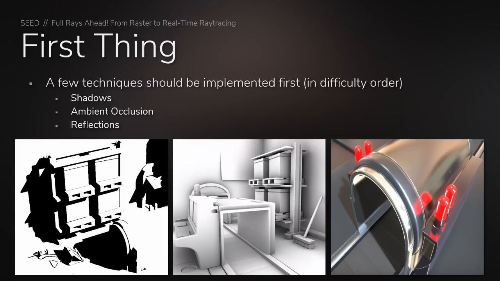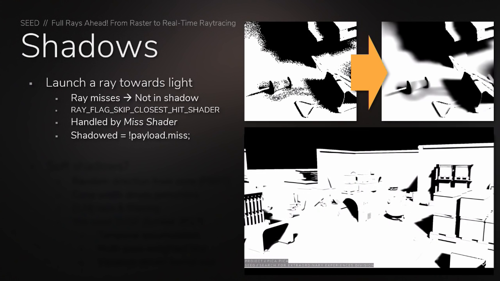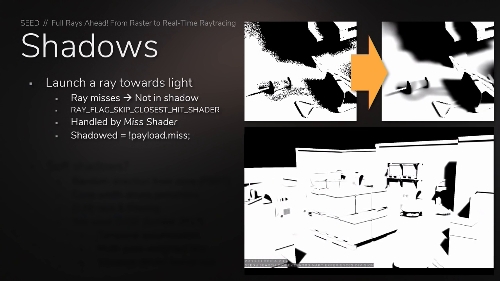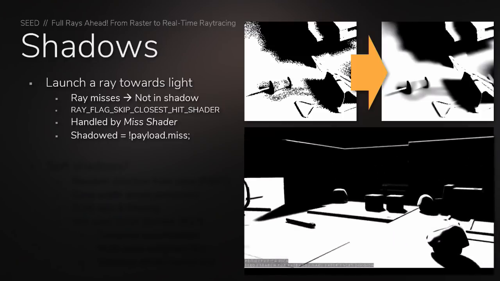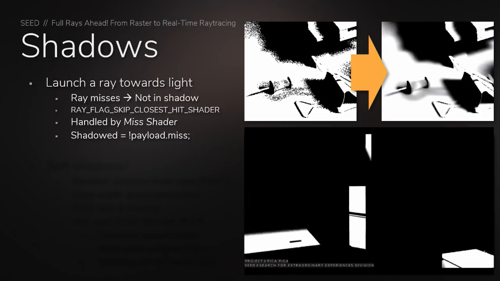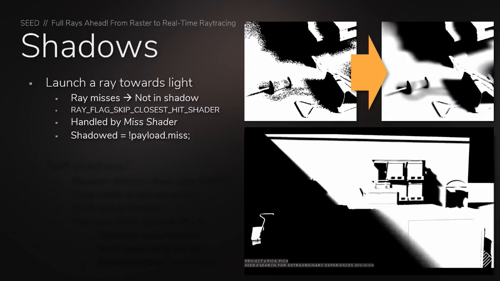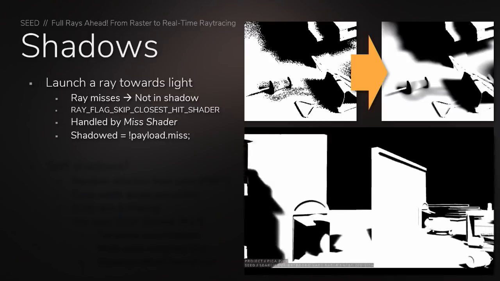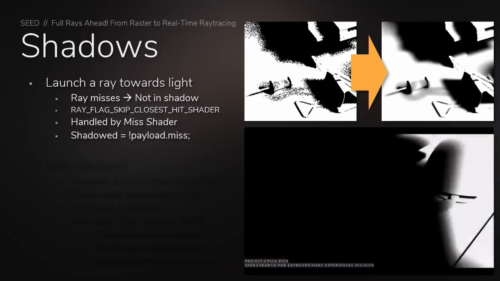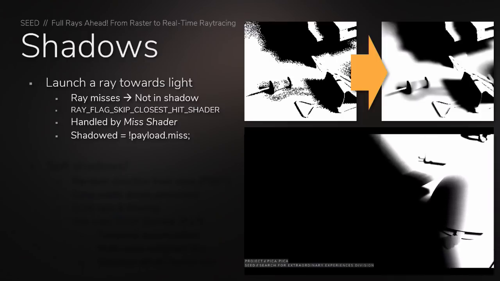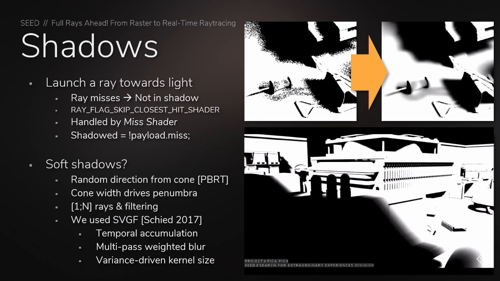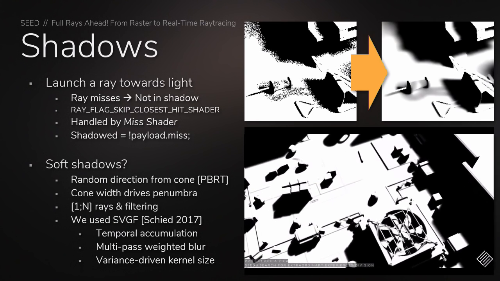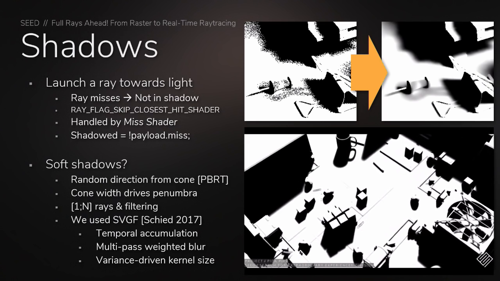Ray traced shadows are great because they perfectly ground objects in the scene. And like I said, they're not too complicated to implement. As you saw from the previous talks, you just launch a ray towards the light, and if the ray misses, you're not in shadow. While hard shadows are great, soft shadows are definitely better for conveying scale, and they're more representative of the real world.